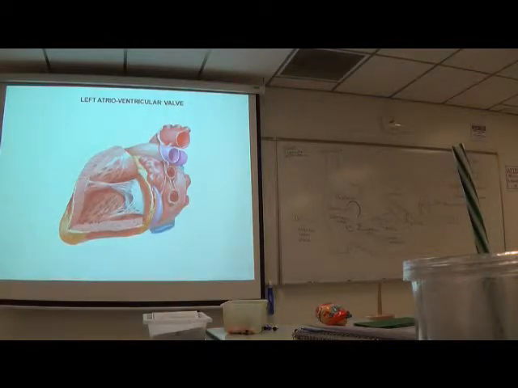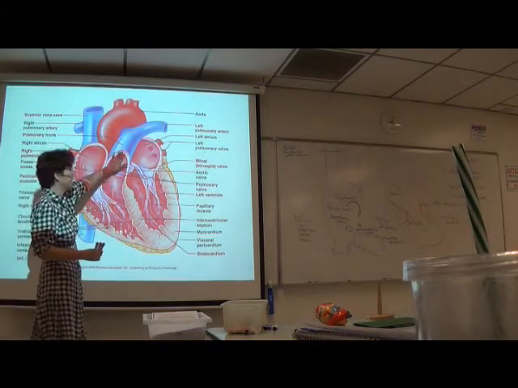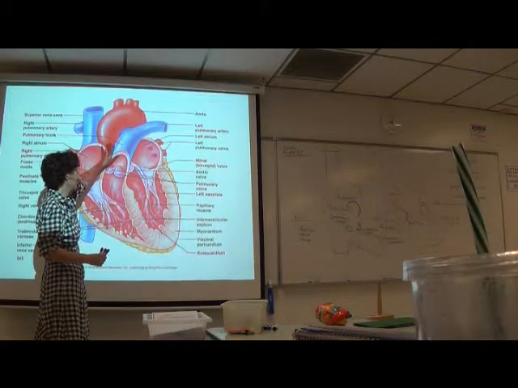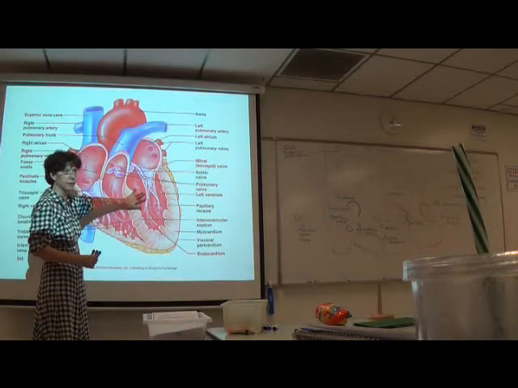Now, we've got the ventricles contracting, the atrioventricular valves are closed, blood pressure is rising very rapidly, so now it's going to open the semilunar valves. And the semilunar valves are found in the pulmonary trunk, which is the vessel leaving the right ventricle, and the aorta, which is a vessel leaving the left ventricle.